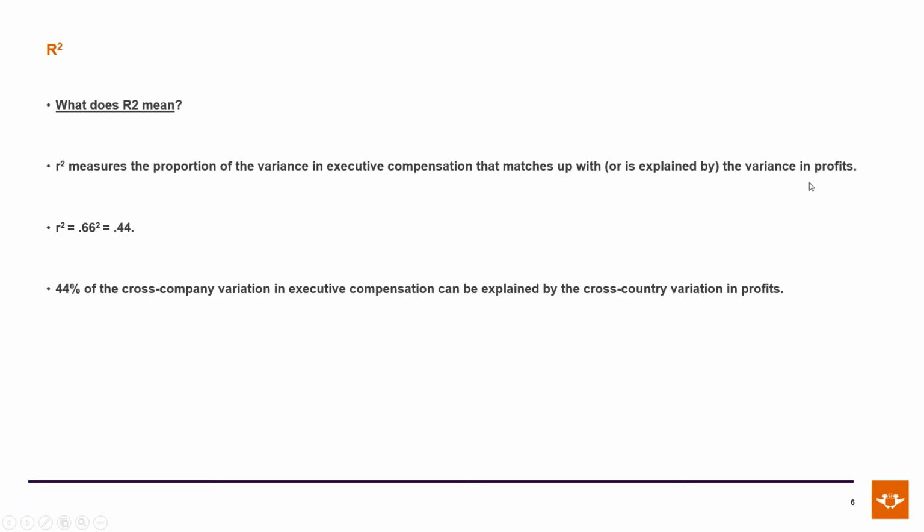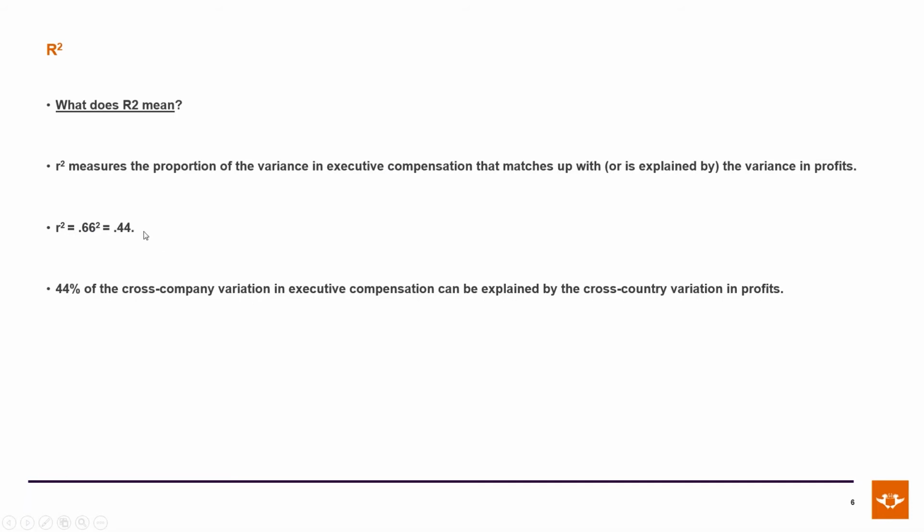So in this case, if we square our 0.66, we get 0.44. Now how this can be interpreted is that 44% of the variation in our executive compensation can be explained by a variation in profits.